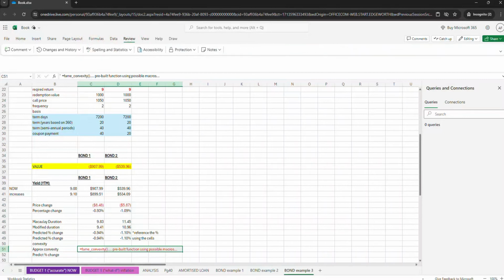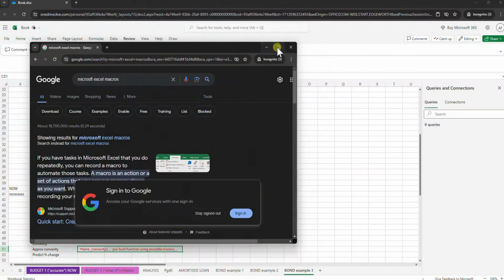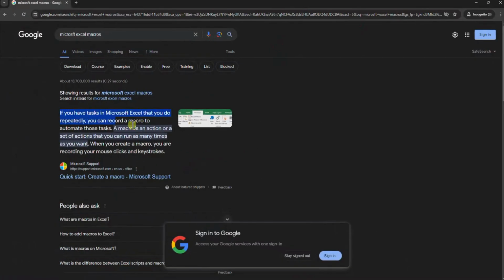Let me search for it and then I can give you a bit more insight. Microsoft Excel macros. All right, here's a perfect explanation from Google. This is what a macro is. A macro is a predefined or repeated automated task that you can run multiple times.